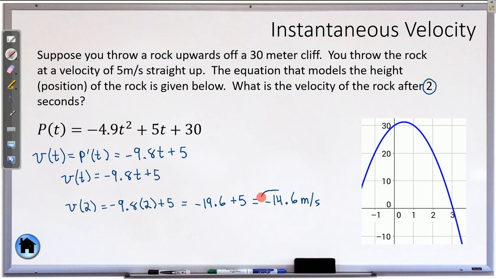So after 2 seconds, the rock is going down at 14.6 meters per second. Another way to put it is we just found the slope of that point right there. So that slope right there is negative 14.6. So instantaneous velocity is the slope at one point.